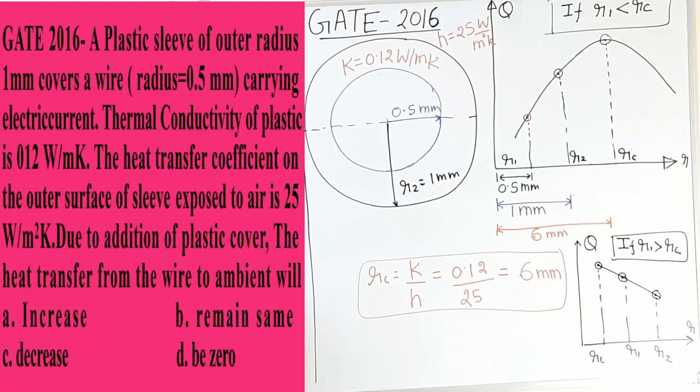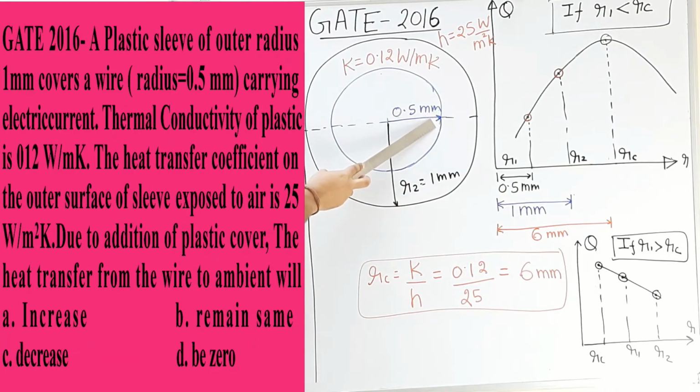Okay, so everyone, now in this second part of the lecture, we are going to discuss two problems from the GATE examination. First problem is from GATE 2016. According to the problem, a plastic sleeve of outer radius 1 mm covers a wire which has a radius of 0.5 mm carrying electric current. The thermal conductivity of the plastic material is 0.12 watts per meter Kelvin.